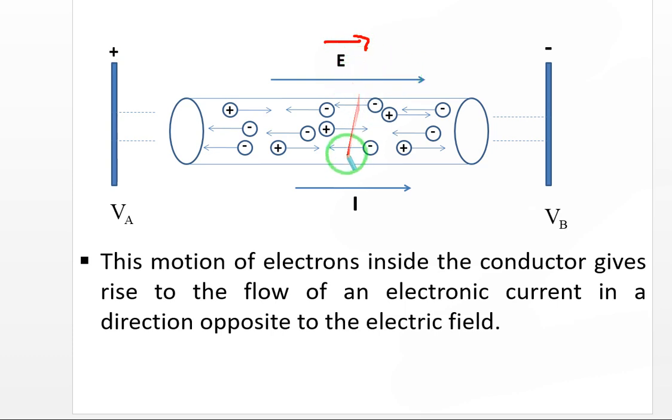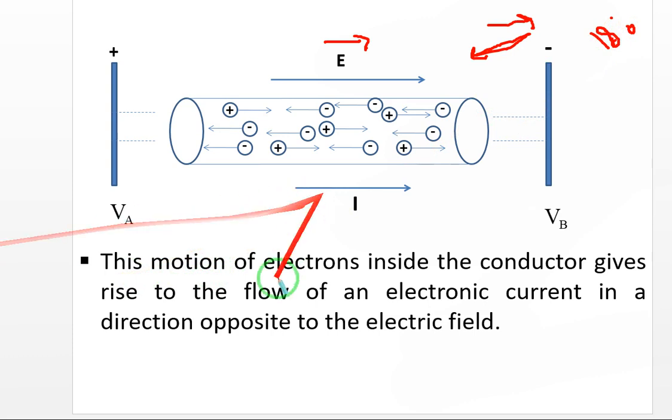When an electric field is present in this area, the direction of the electric field and the direction of a negative charge will always be opposite. If the electric field is in this direction, the direction of current will be totally opposite, a 180 degree difference. Now I will explain how this can happen.